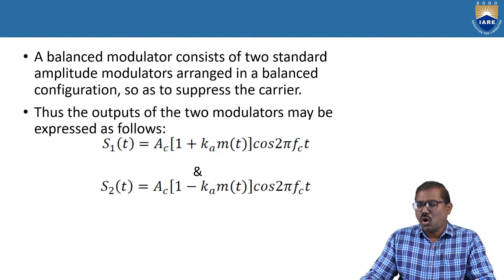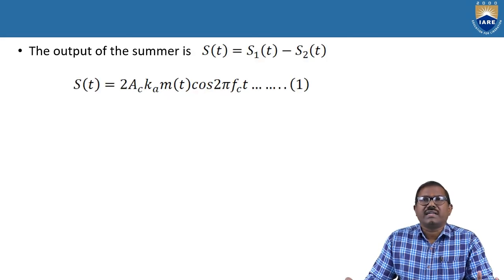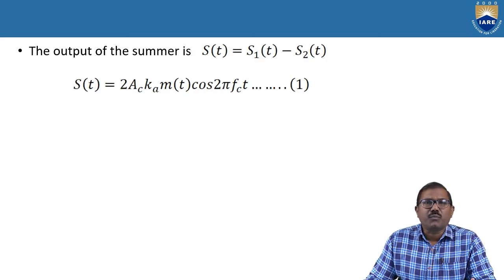Now these two outputs are given to the summer, which produces the output s of t, equal to s1 of t minus s2 of t. Finally what do you get? 2 Ac Ka m of t cos 2 pi fct.